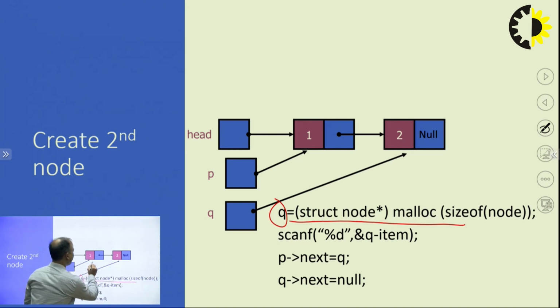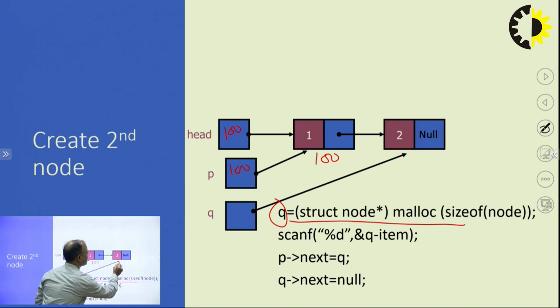So suppose we have here first node's address is here head, and head contains here 100, and at the same time please refer to the previous slide, p is also pointing to the first node. So therefore p also has 100. So it simply means here both head and p are pointing to the first node. After that we have executed malloc function here q, and address of this particular node is given to the pointer q.